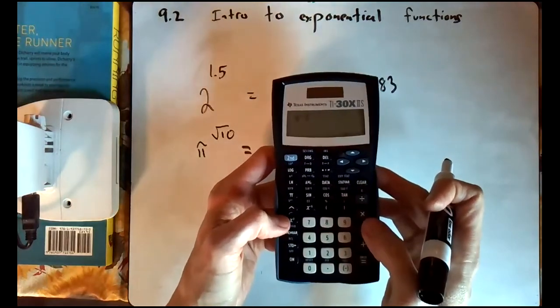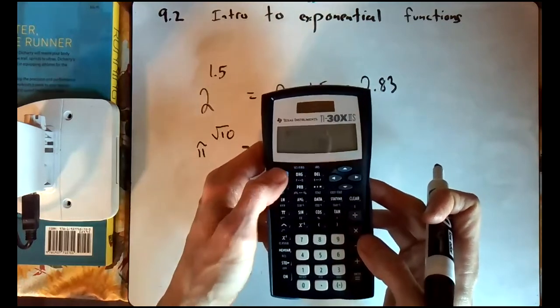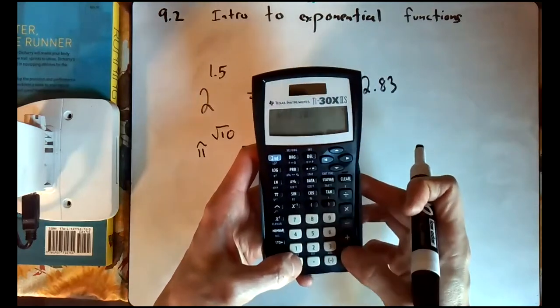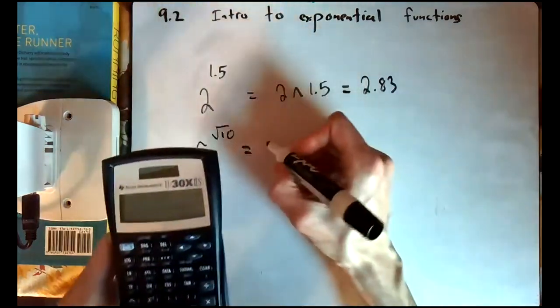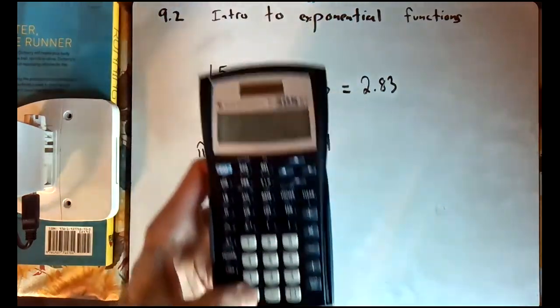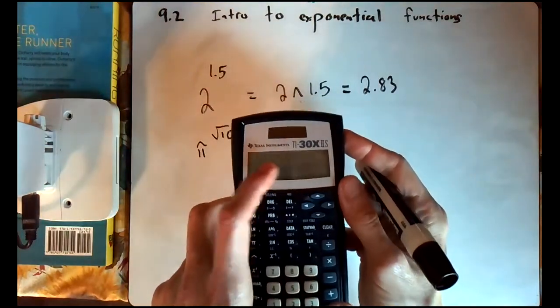To get to the square root, I have to press the blue button, because it's the blue little check mark. So second, square root, then 10, and then close the parentheses. Then we get 37.34, rounded off to 2 decimal places. Make sure you close off the parentheses as well.